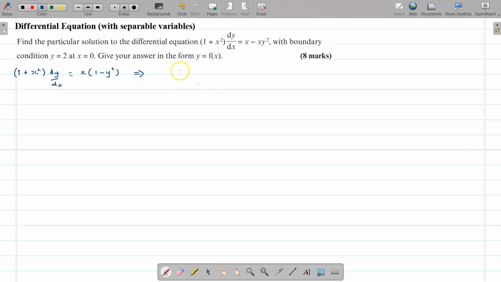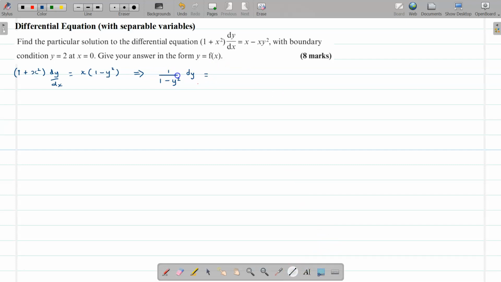I would put 1 over 1 minus y squared with the dy, and I'm going to put the integral signs in a moment because writing that on its own doesn't really mean anything.